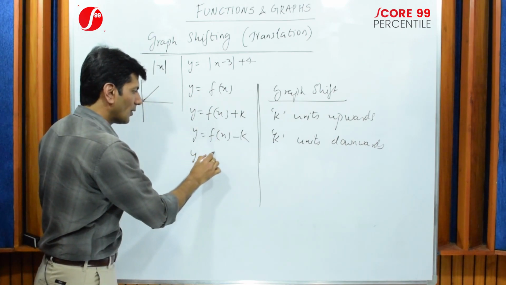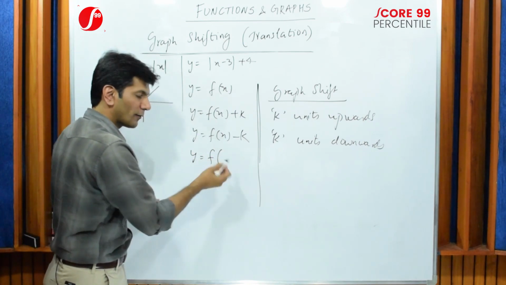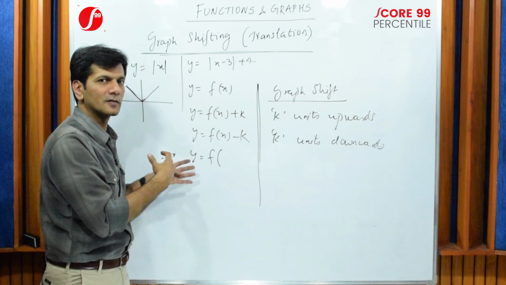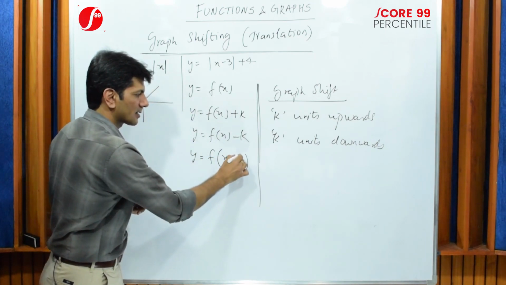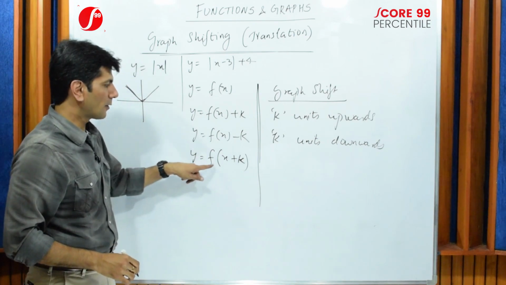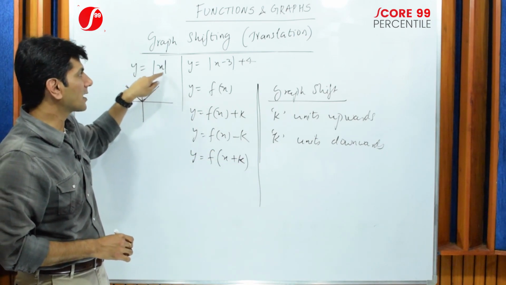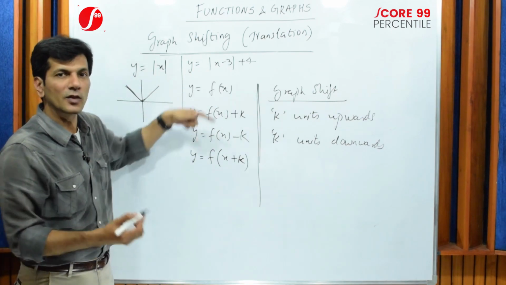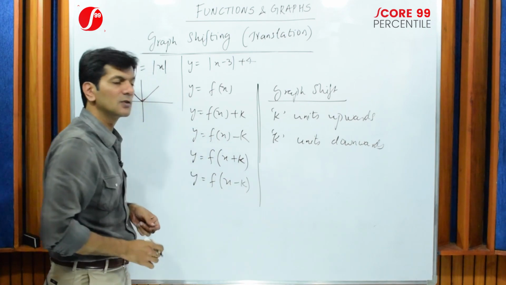Now what would happen if some change happens internally to f of x itself rather than adding a constant outside of f of x? Say for example that's what we did, y equal to mod x, x became x minus 3. Similarly, what would happen when you subtract a constant to x?